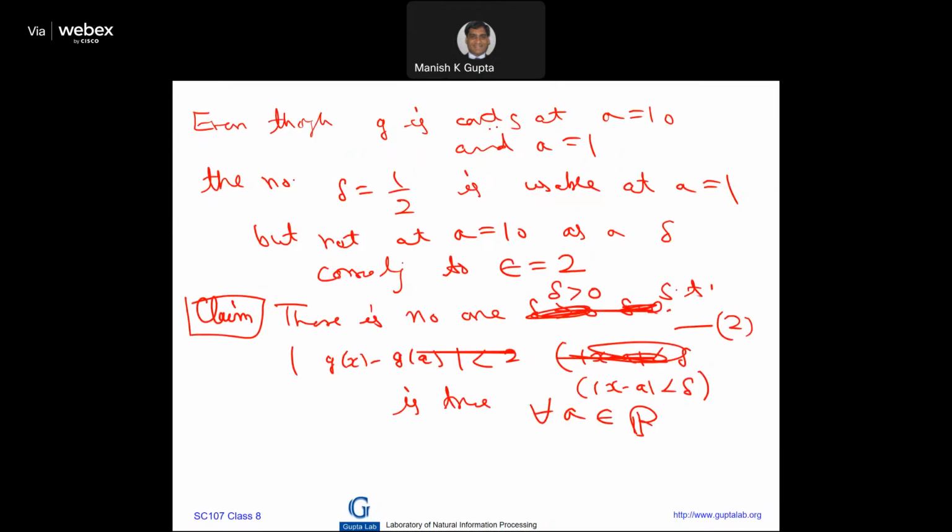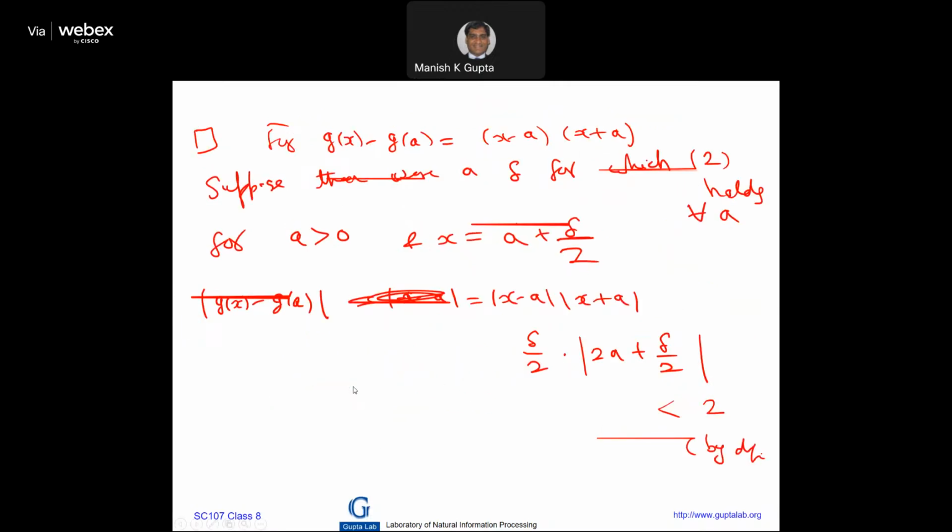This is given to us, right? This whole thing is less than 2. This will simplify to a delta is less than 2 for every a positive, which is false.